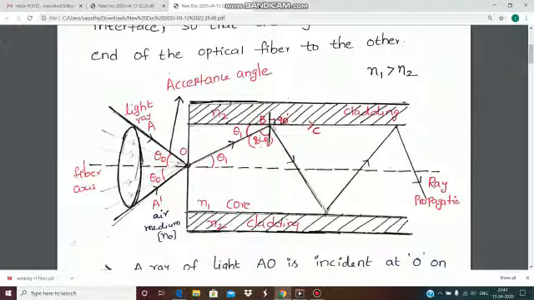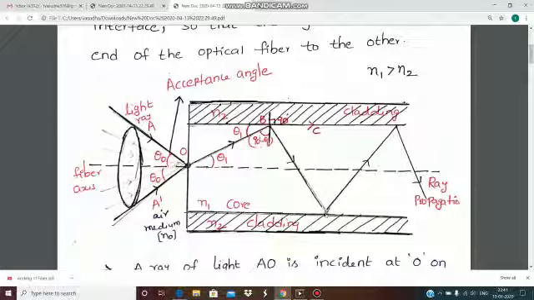Light propagates along the BC direction. Now, to produce total internal reflection, the main condition is that the angle of incidence at the core-cladding interface must be greater than the critical angle. If it is greater than the critical angle, light rays are totally reflected back into the core material.